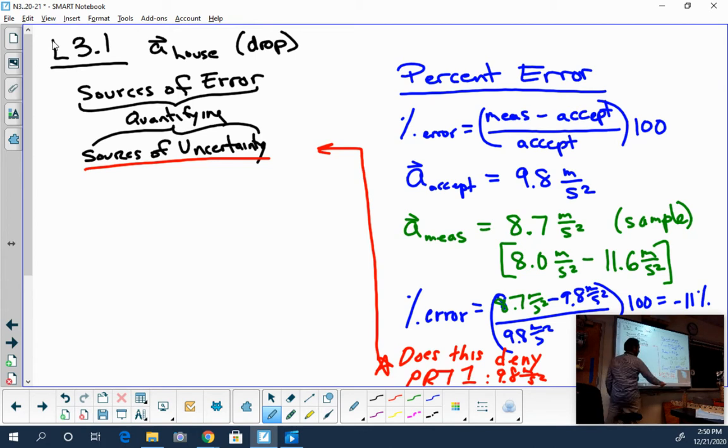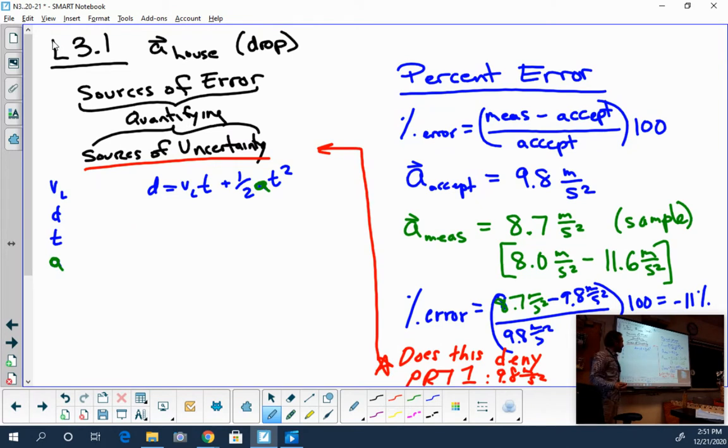So we had an equation. As it turned out, our equation was based on our givens. We assumed the initial velocity, you measured the distance, you measured the time, and we found our acceleration. And so the equation that went with this, d equals v_i t plus 1/2 a t squared, actually guides us to where uncertainty can enter our measurements in terms of finding acceleration.